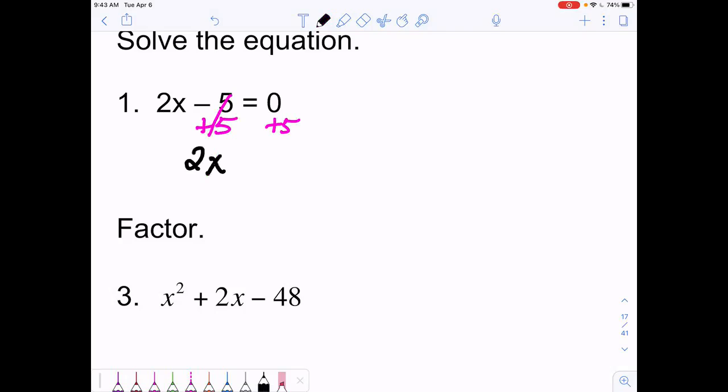And we're up to 2x equals 5. And then Anya, what's the last step? Divide by 2 on both sides. You got that right. And that gives you your answer. X equals 5 over 2 or 2.5, however you like to write it.